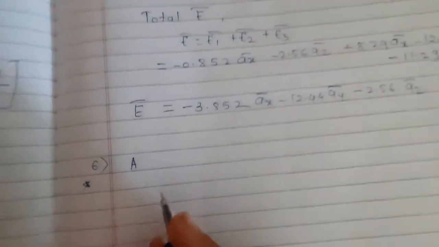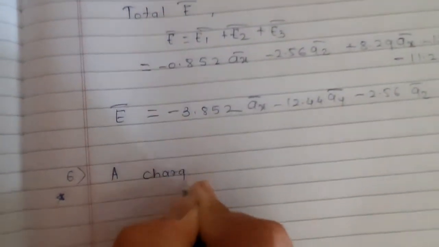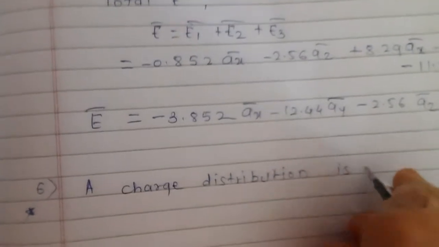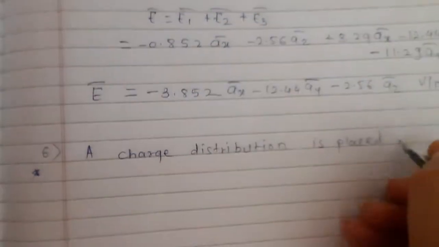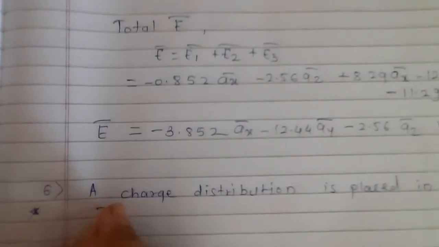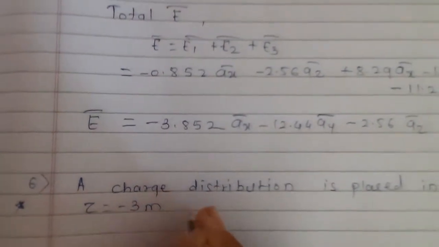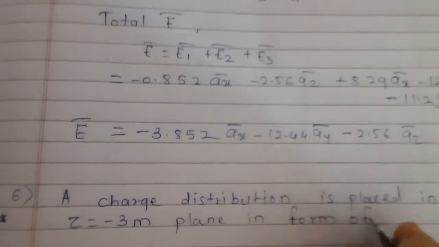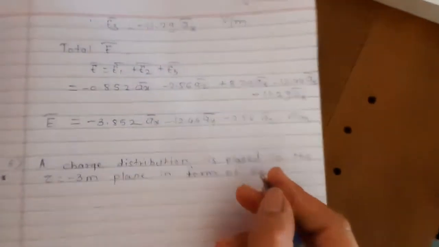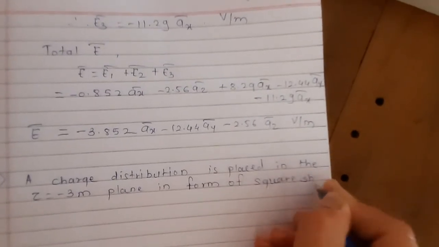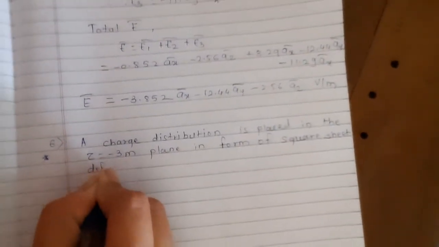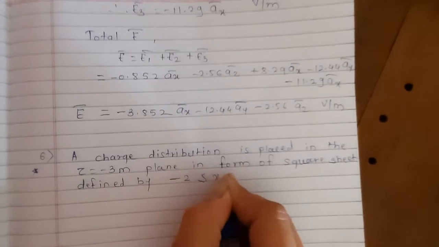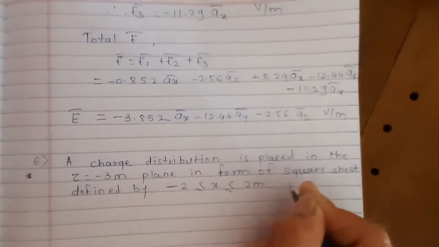So a charge distribution is placed in z equal to minus 3 meter in the form of a square sheet defined by minus 2 less than or equal to x less than or equal to 2 meter, minus 2 less than or equal to y less than or equal to 2 meter.